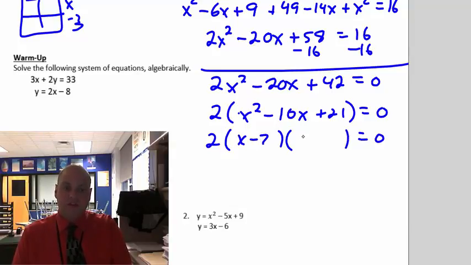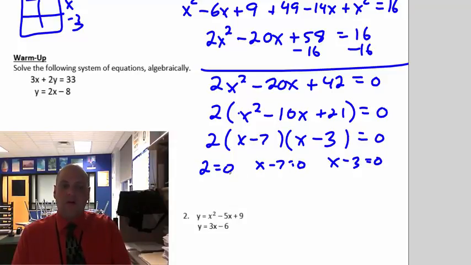X minus 7, x minus 3. And I set these equal to 0. 2 equals 0, x minus 7 equals 0, x minus 3 equals 0. 2 can't equal 0, so there's no solutions there. X equals 7, x equals 3.